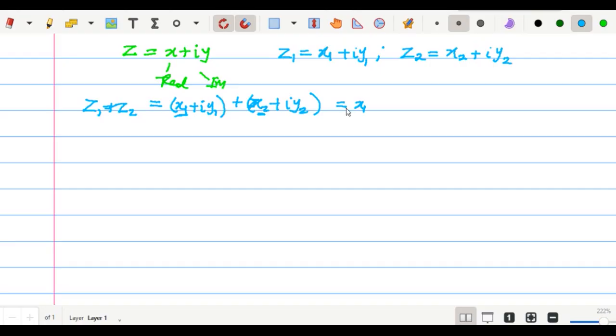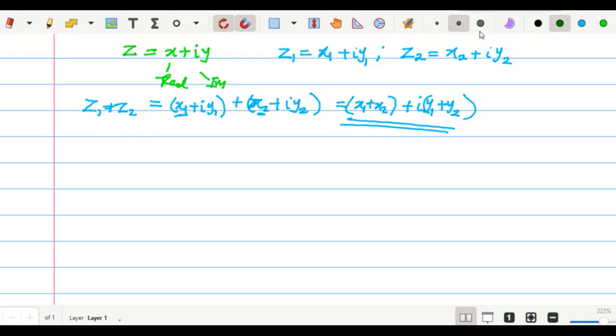So here we're going to have x1 plus x2, then plus i times the imaginary parts added, y1 plus y2. So that is the typical representation.